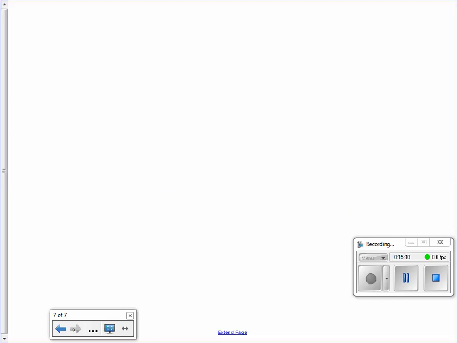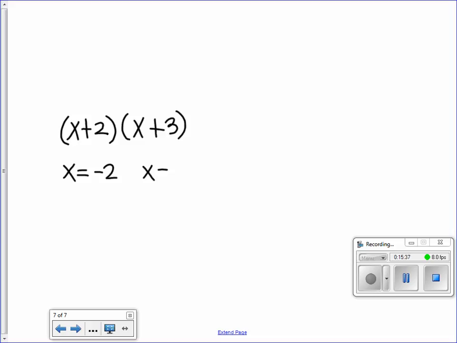Remember when you were factoring quadratics a couple of weeks ago, and you ended up with x plus 2 times x plus 3? And those are the factors. If those are the factors, then the actual zeros are x equals negative 2 and x equals negative 3, right?